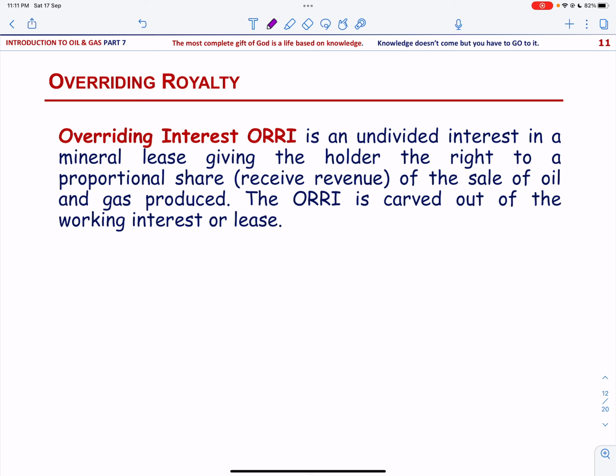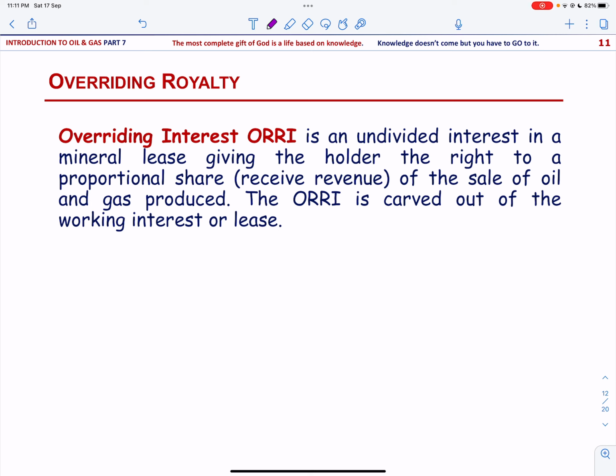Just keep one thing in mind, that the working interest owner is paid the production revenue after the royalties are paid, so they are also entitled to a share in production with other royalty interest owners. Overriding interest is similar to other royalty interest, and it is not responsible for the cost of producing the oil and gas, but it only shares in the production of the oil and gas as long as the associated lease is in effect.